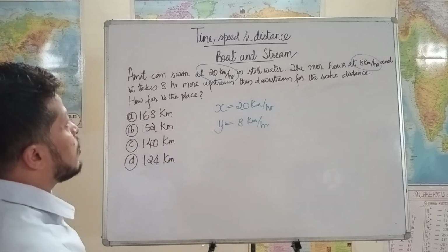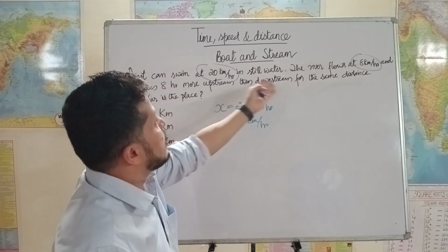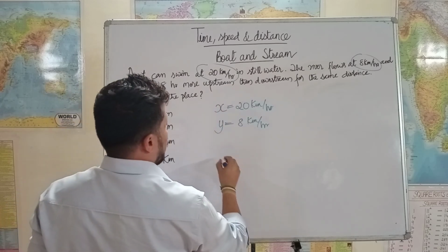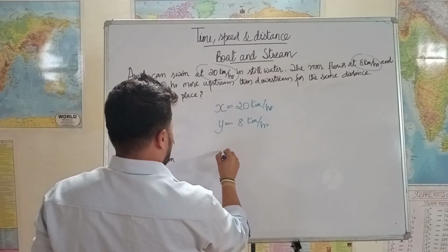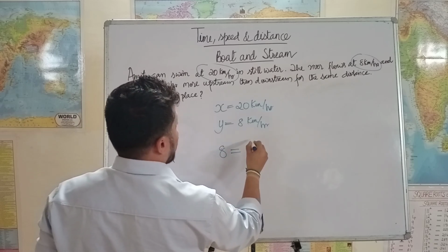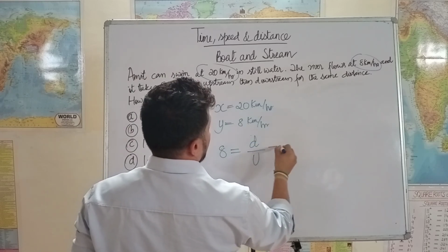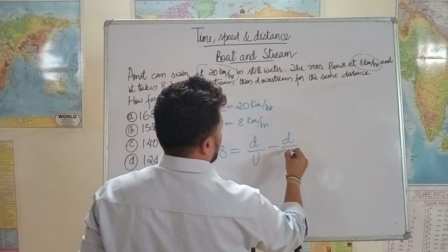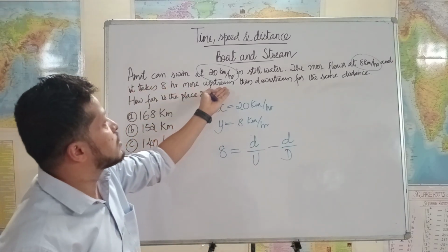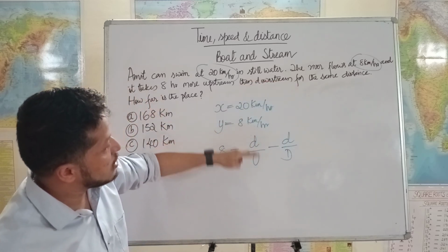And what else do we know? It takes 8 hours more upstream than downstream. That means the difference between the time taken upstream and the time taken downstream for the same distance is 8, correct? That's what it says. It takes 8 hours more to travel upstream than downstream. Distance by speed is the time, right?